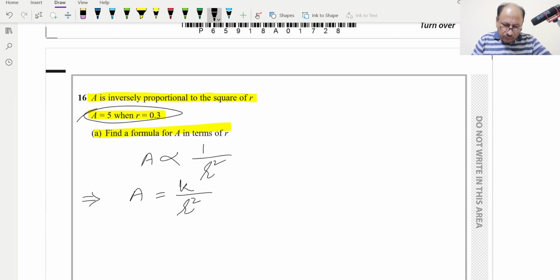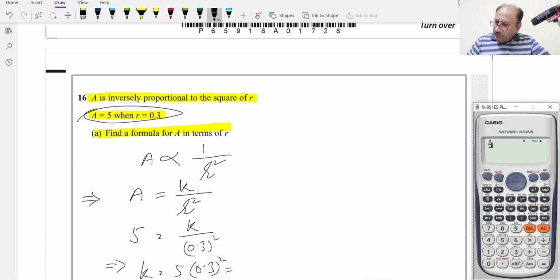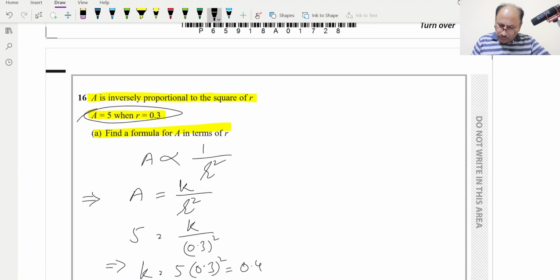So A is equal to 5 when r is equal to 0.3. So this implies k is equal to 5 into 0.3 squared, and this will be equal to 5 multiplied by 0.3 squared, which is 0.45. This will be the k value.